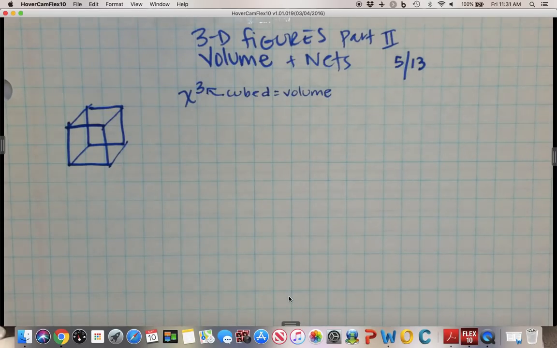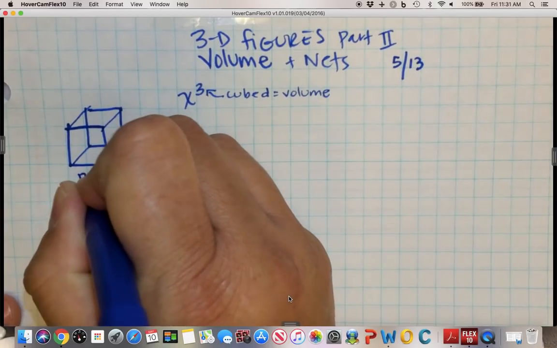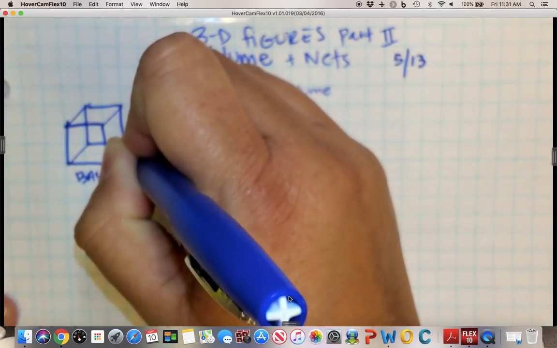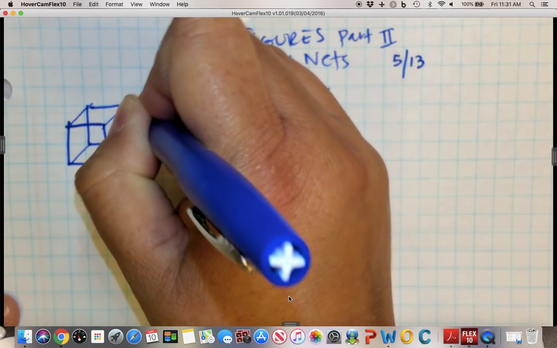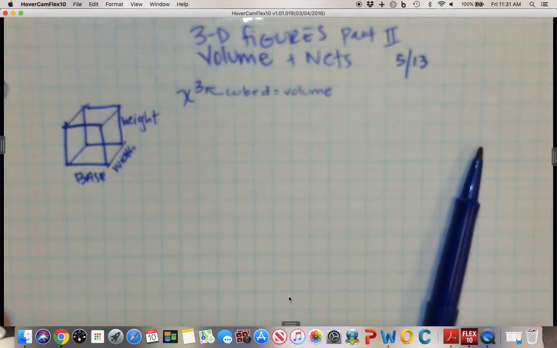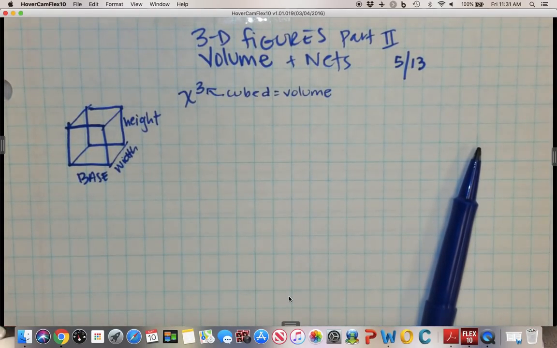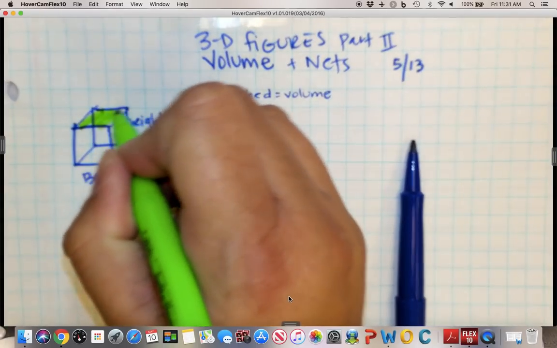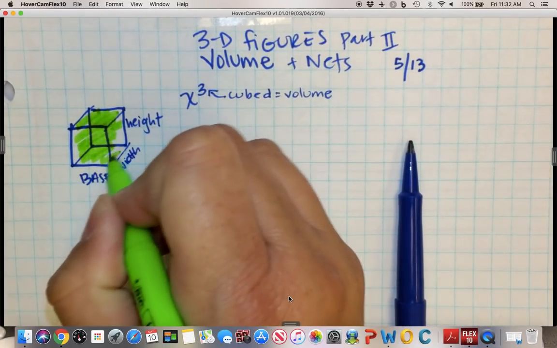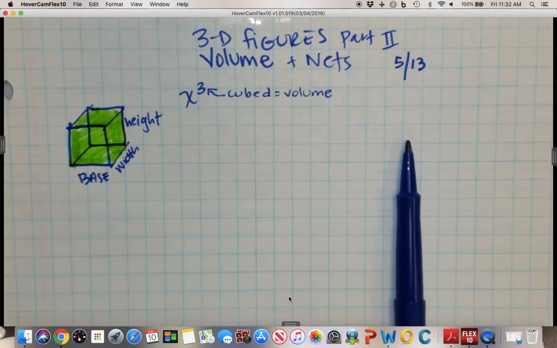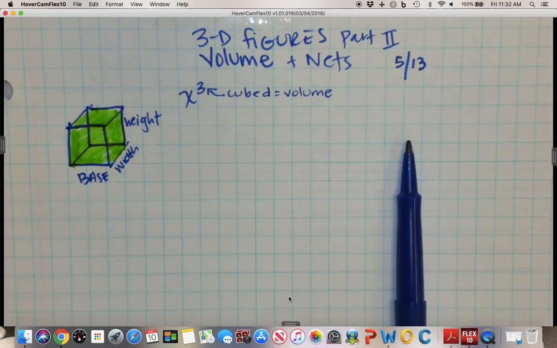We are multiplying the base, the width, and the height, and we're getting the whole figure. So this is kind of like a review, because you guys have already learned how to calculate a whole figure.